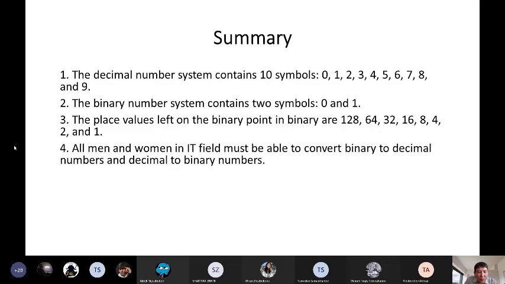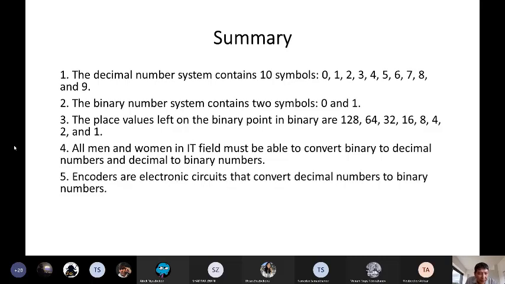Next, all people who work in the IT field must be able to convert binary to decimal and decimal to binary numbers. Of course, you can use a calculator, but it's better if you can do it without a calculator, just by hand on paper.